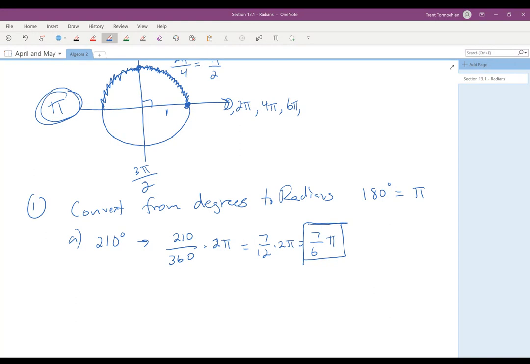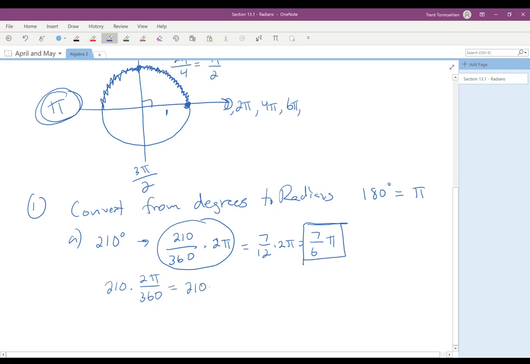Your book does it a little bit different. What it does is it takes this calculation and it says, well, another way you can think about it is, instead of doing 210 divided by 360 times 2 pi, you can think about it as 210 degrees times 2 pi over 360, which is equivalent.